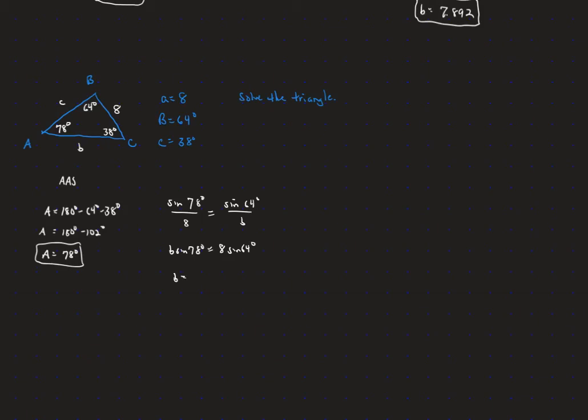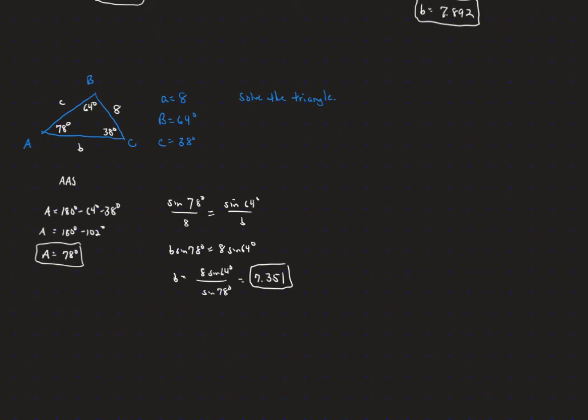So B is going to be 8 sine 64 over sine 78. And I'll take that to the calculator. 8 sine of 64 divided by the sine of 78. And I'm seeing 7.351. So now we have solved for side B.